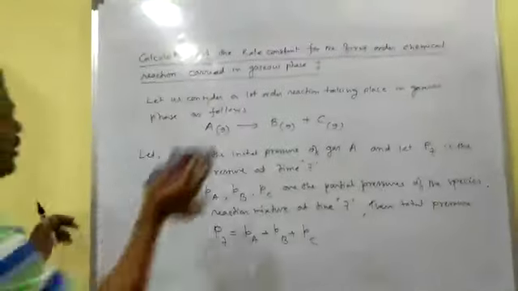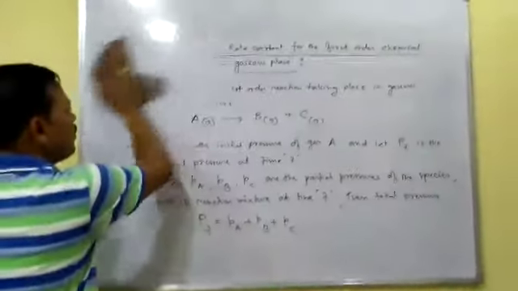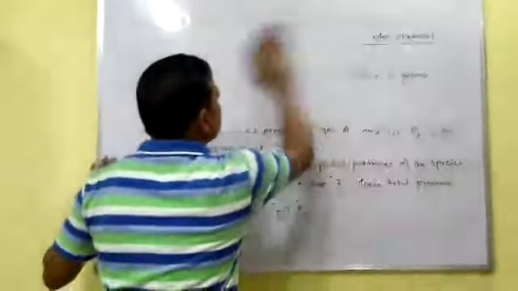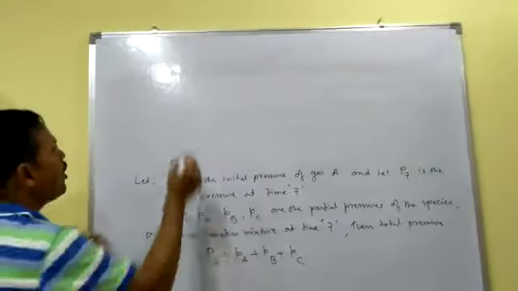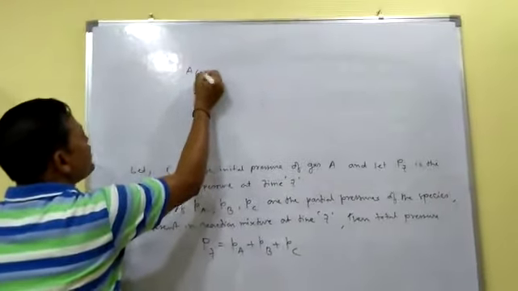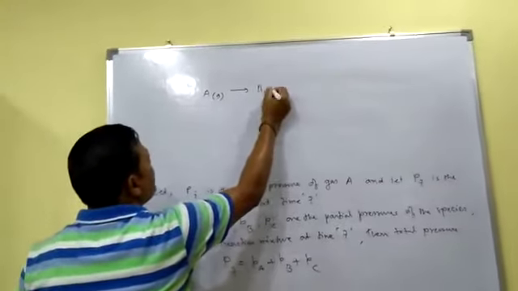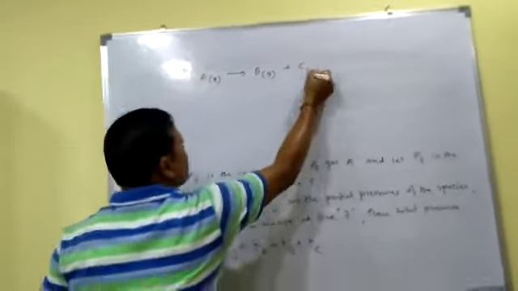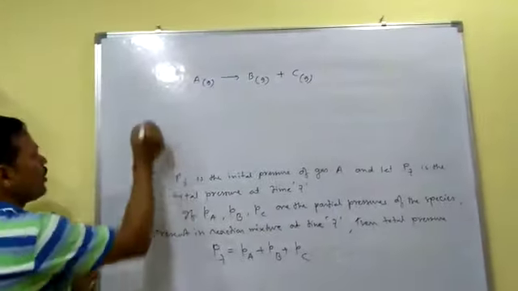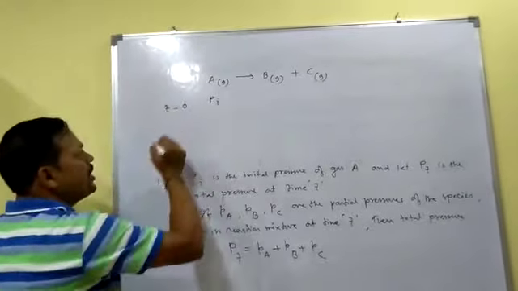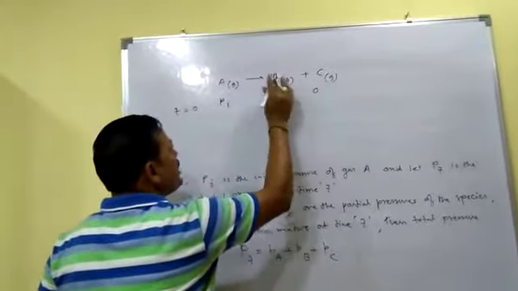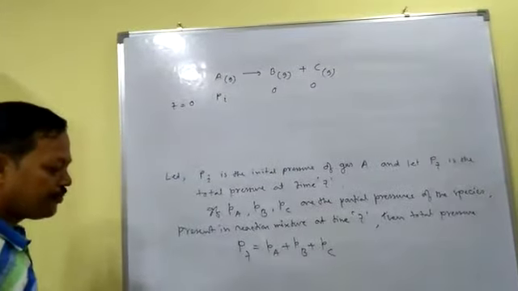Now our equation was A gas produces B gas plus C gas. Initially, at time 0, we consider the pressure of A is Pi. Initially, no product will form, that's why their pressures are 0.